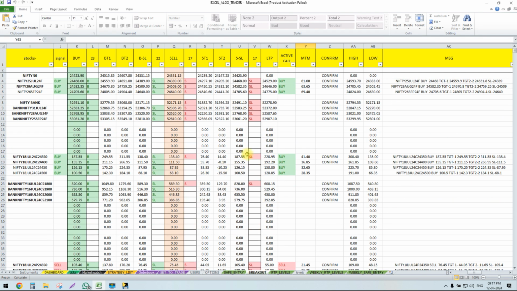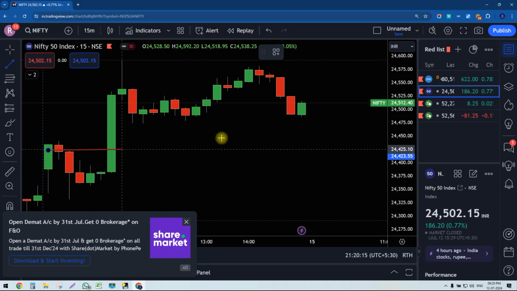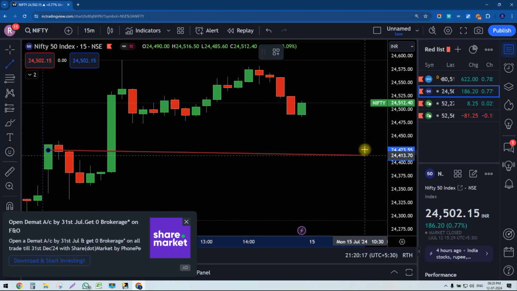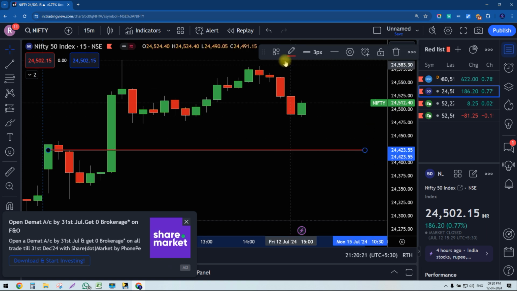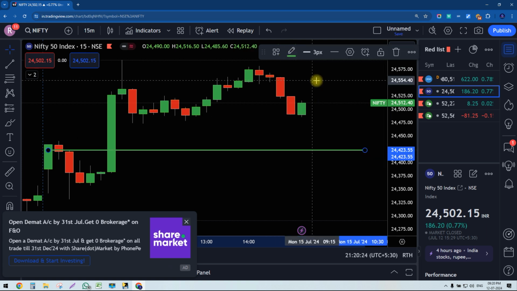Okay, now let's compare how our Nifty 50 worked today. Only Nifty, we'll see how Nifty 50 worked today. Its buy level was generated here from 24,423.90. Let's watch this in TradingView. 24,423, let's put this buy level generated. Let's change the color to green for buy.